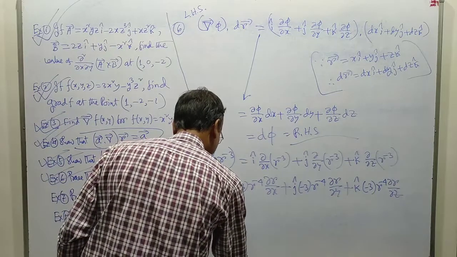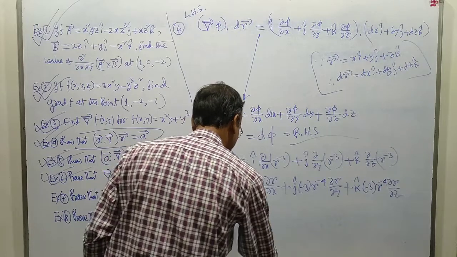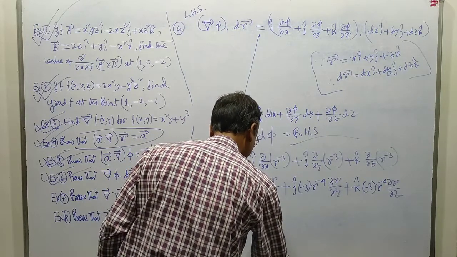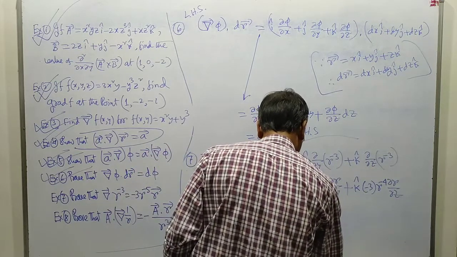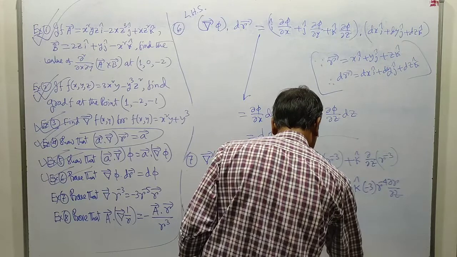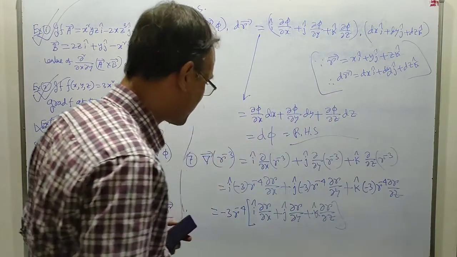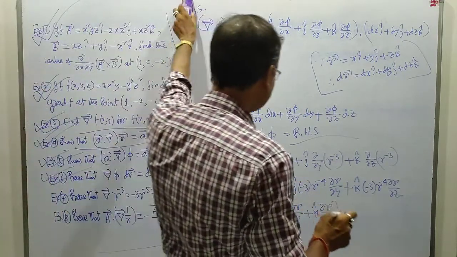Now take minus 3 r to the power minus 4 common, and you will get i cap ∂r/∂x plus j cap ∂r/∂y plus k cap ∂r/∂z. The gradient of r to the power minus 3 is equal to this.